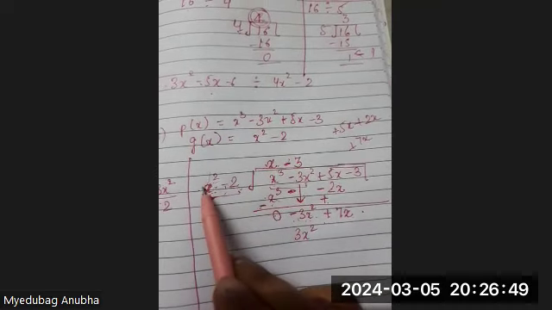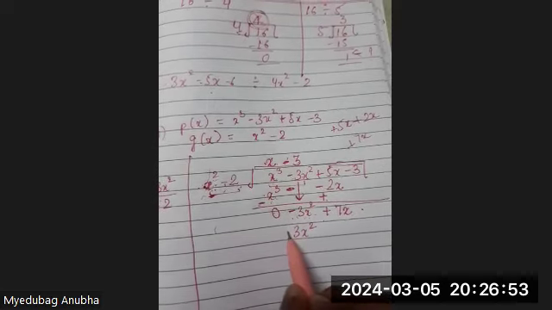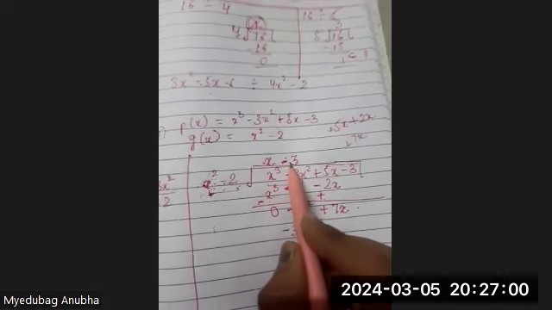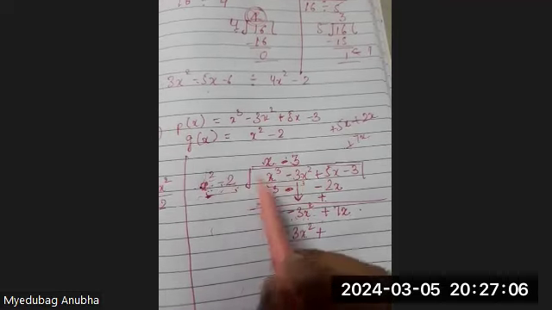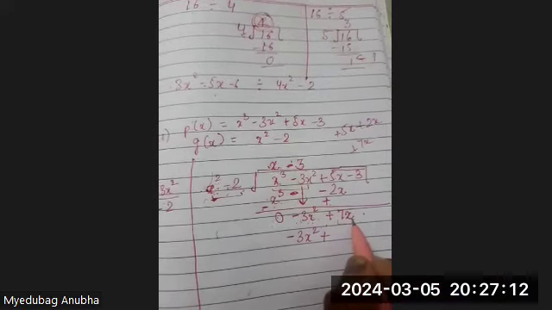Take care of the sign. This is positive and this is negative. So what will we put here? Negative. Minus minus is plus. 3 2s are 6. But this is the 7x.